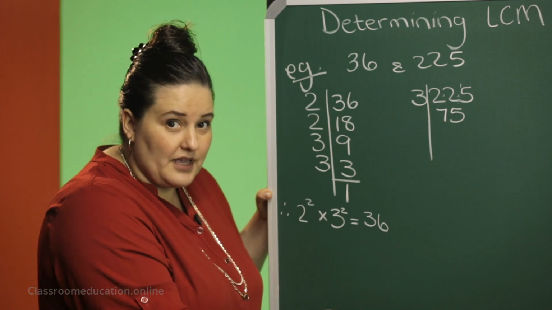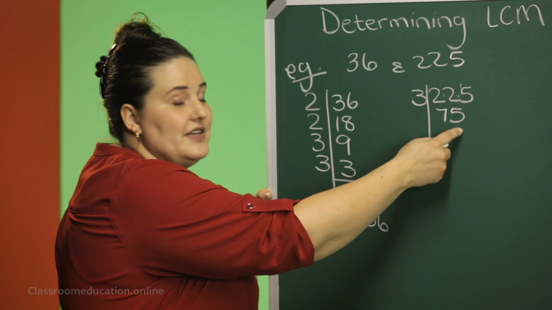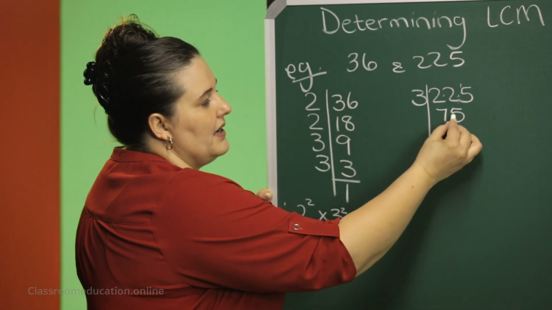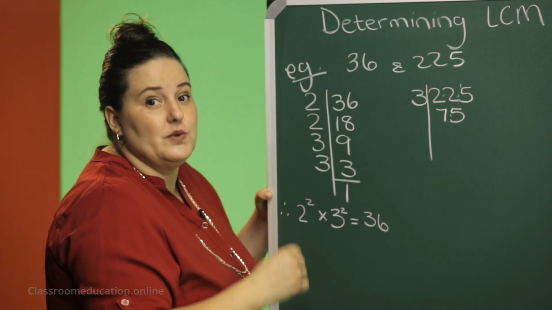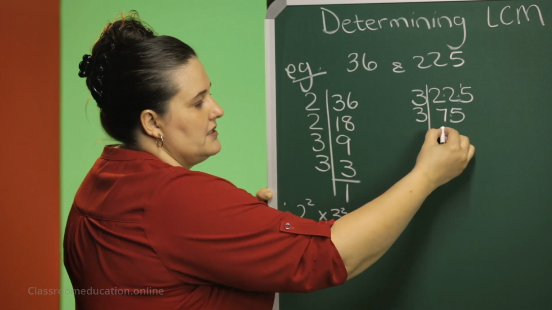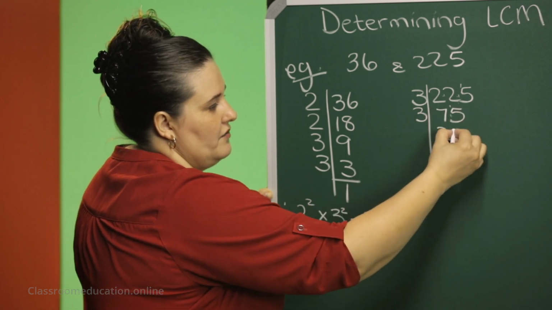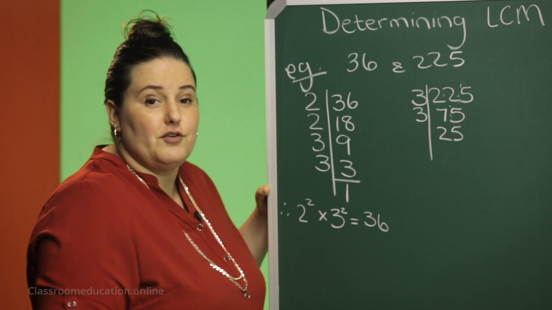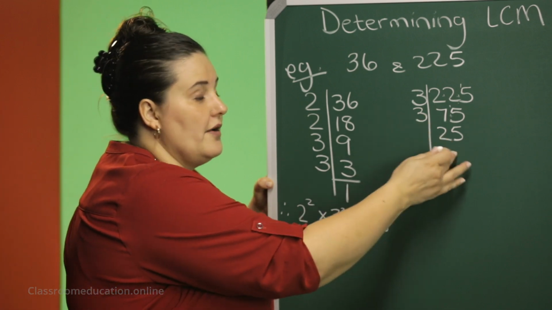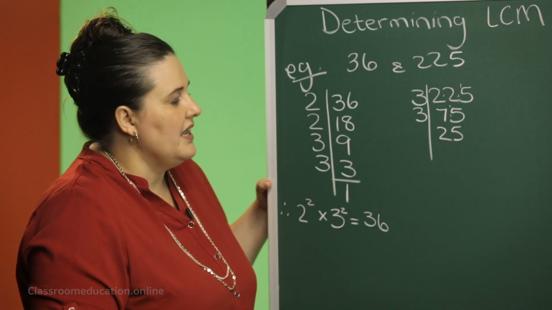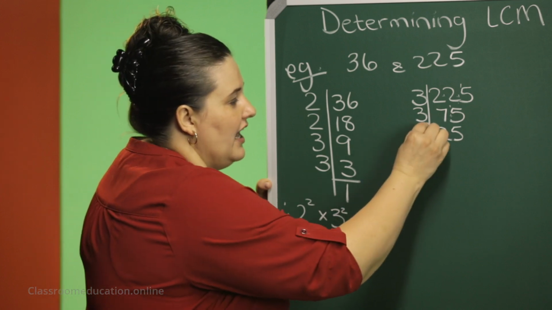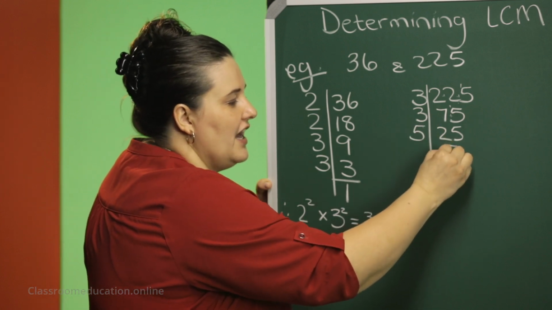Carry on with the 3. Can 3 go into 75? Add the digits to make sure. 7 plus 5 is 12. So yes, 3 will be able to go into that. 3 can go into that twice, 1 over 15, 5 times. So 3 times 25 is 75. Can 3 go into 25? No. Go on to your next prime number, a 5. 5 can go into 25 5 times.